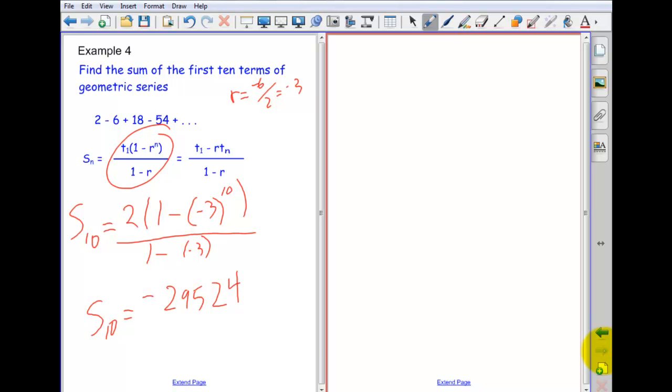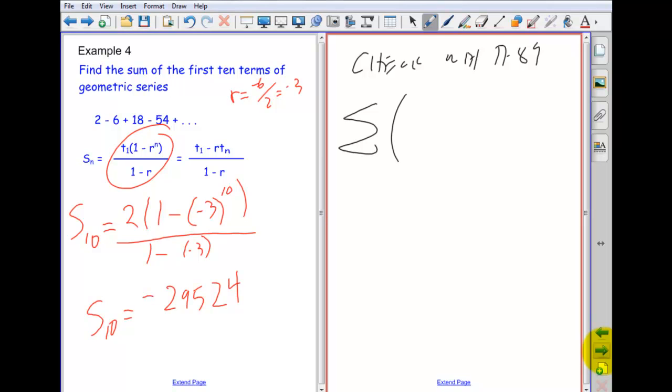Let's do the check with the TI-89. How would you do it? A little sum thing. You need a formula for the nth term first. 2 times, careful, what's your common ratio?